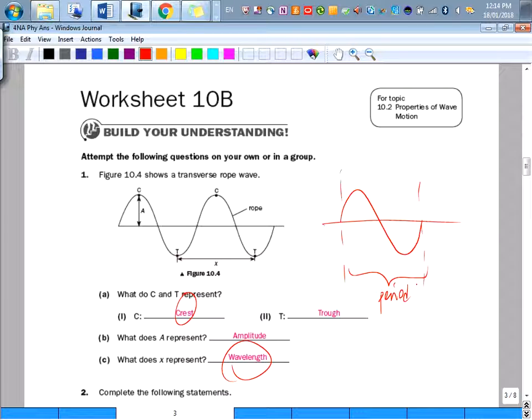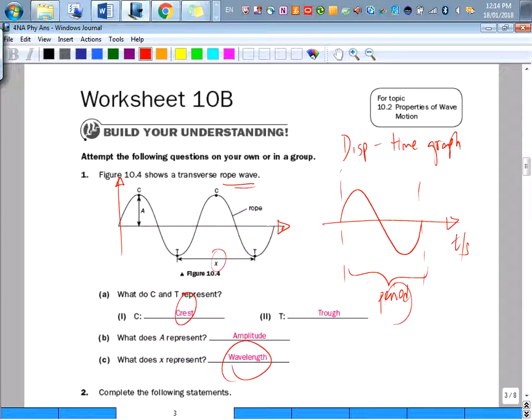So how do we know whether it is supposed to be a wavelength or a period? That's why we need to look at the axis. For this one over here, it is a displacement-time graph. For this one over here, it is a rope wave.